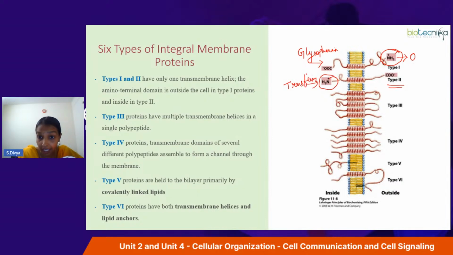Okay. Next, moving on to the type 3. This, you can say, a single polypeptide with multiple transmembrane helices. Can you give me an example of this? There are a number of examples which come under the category of type 3. Can anyone give?